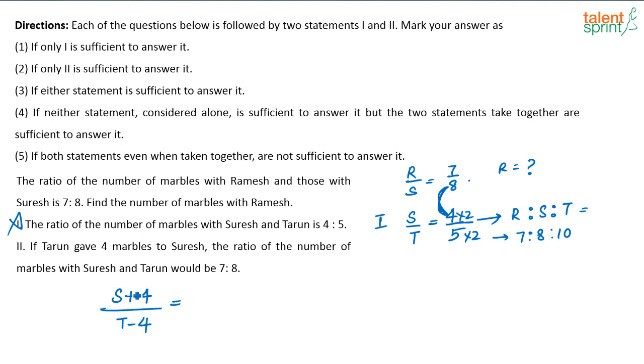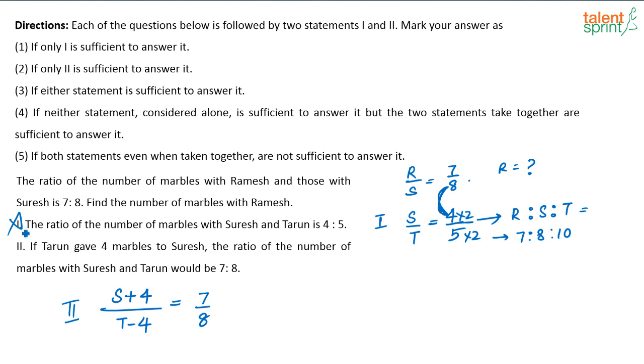Now the ratio of S by T will become 7/8. Again, using the second statement and the information given in the question, I cannot arrive at the answer. I have to find out the value of R, which I cannot.